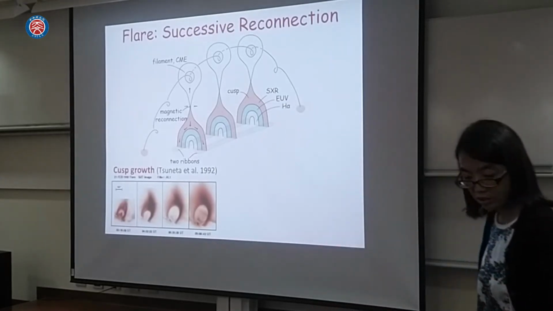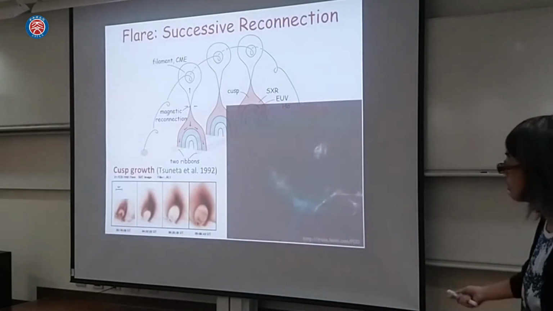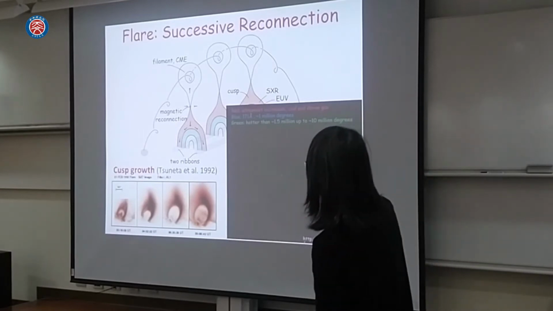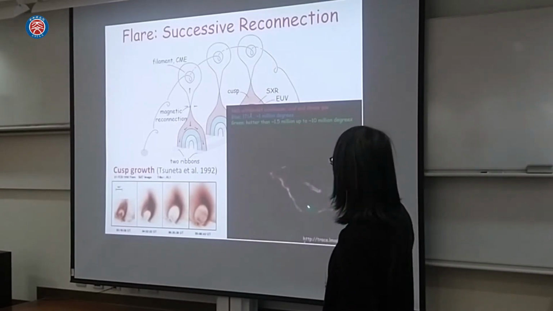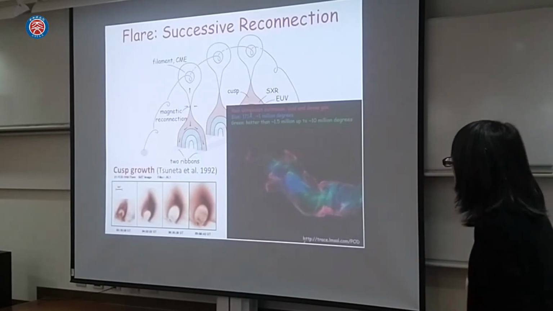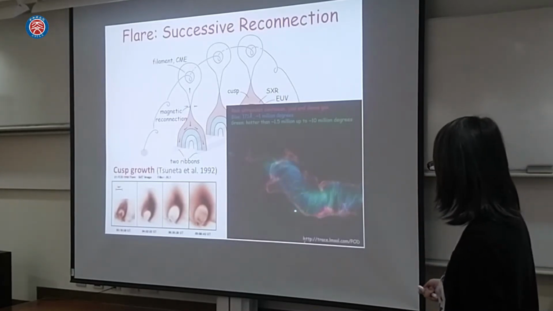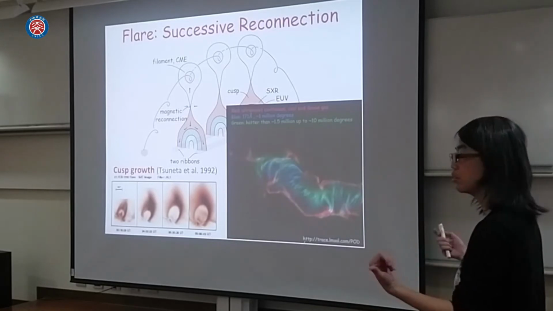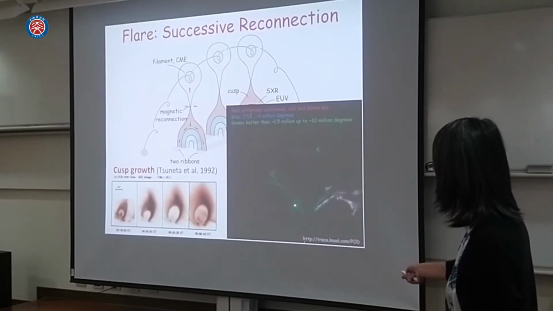Then in H-alpha or UV images, with three wavelengths combined, you should see ribbon expansion like this.